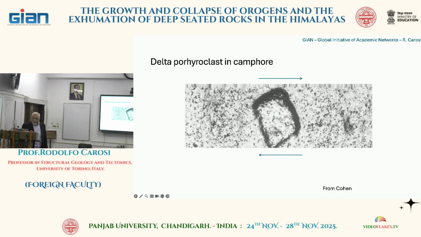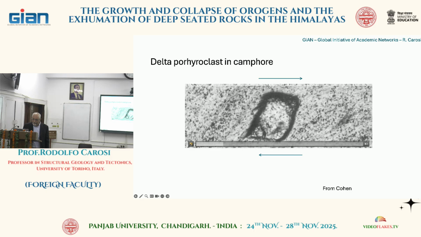Okay, this is an experiment made by Koehn, a German geologist, made with camphor. Camphor is an analog material of rock, but can be deformed under the microscope at room temperature.